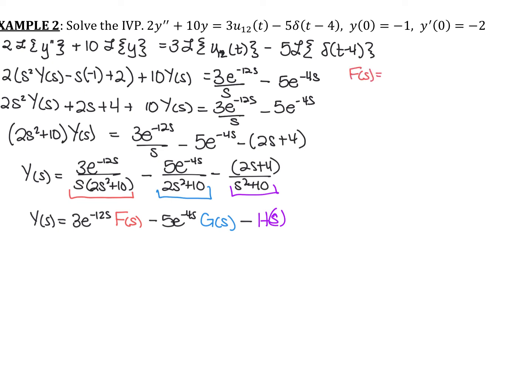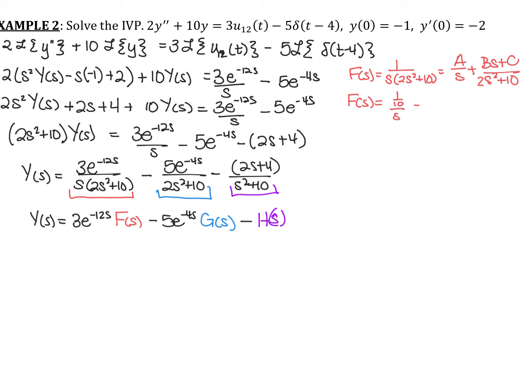So let's start with f of s. We have 1 over s times 2s squared plus 10, which means I have a over s plus bs plus c over 2s squared plus 10. And I'm going to use my calculator on this. I'm not going to do the work by hand, or Symbolab or whatever you're going to use.